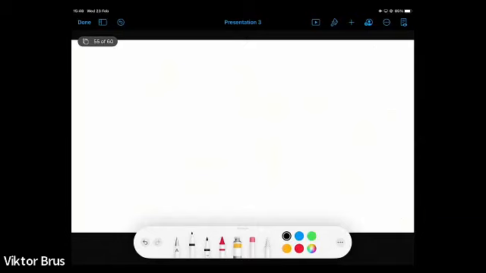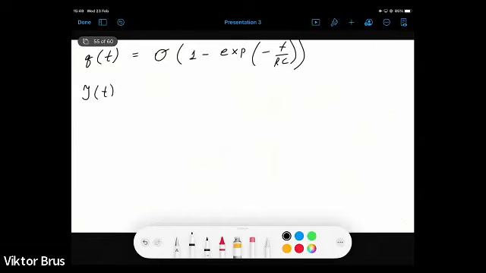So it was Q as a function of time is equal to capital Q times (1 minus exponent minus t over RC), and electric current as a function of time is equal to the first derivative of this function, which we derived previously, over time.